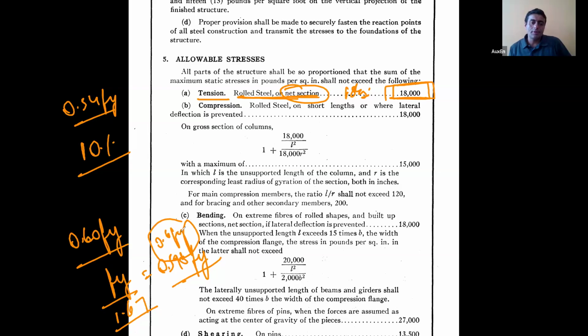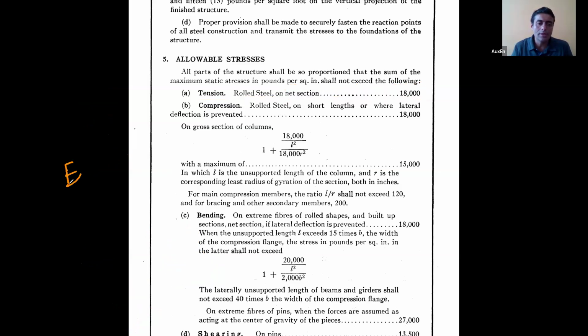So around 10% increase we have allowed over the past 100 years because we have increased confidence, not in the cross section, but in the material behavior. So, when was the Empire State Building built?